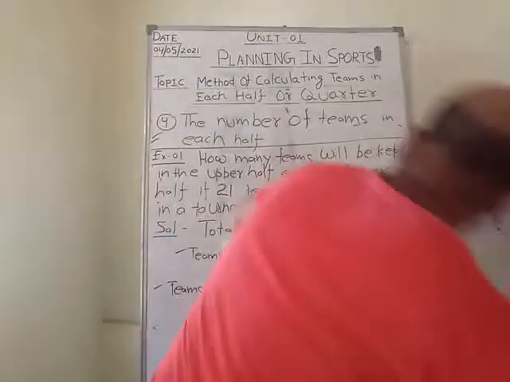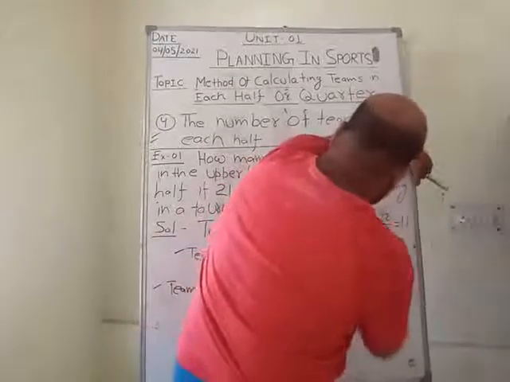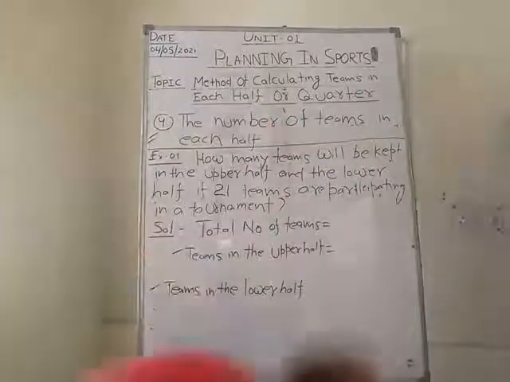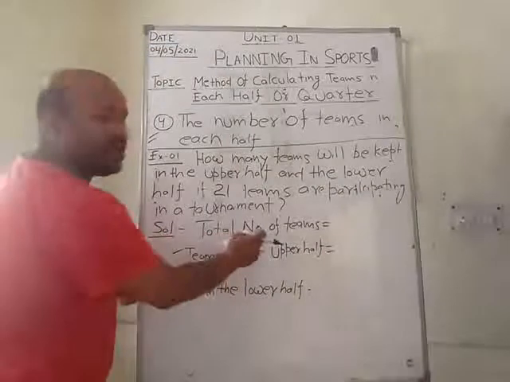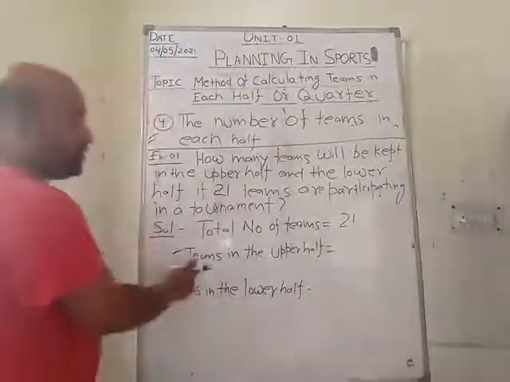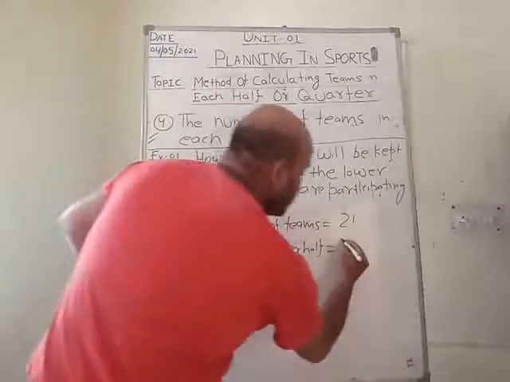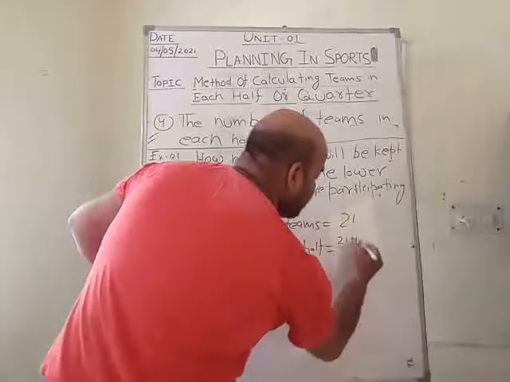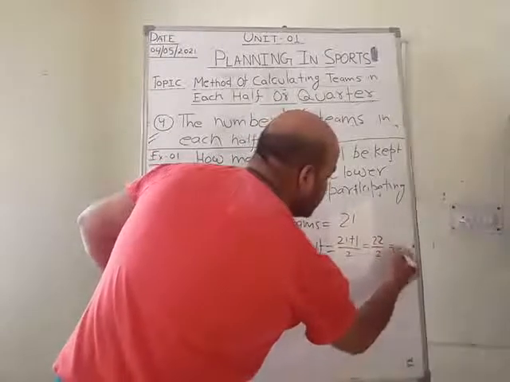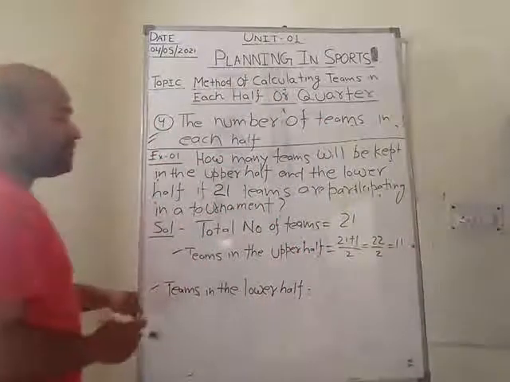Once again, there was a mistake. The total number of teams is 21. For the upper half, 21 plus 1 upon 2 equals 22 upon 2, so 11 teams in the upper half.